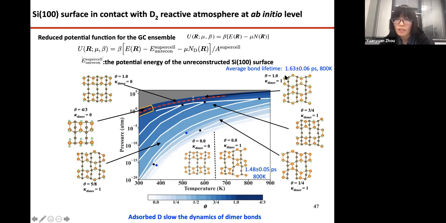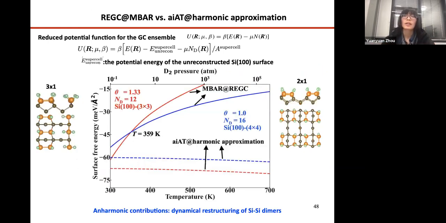We found the average silicon bond lifetime for the adsorbed phase is longer than the pristine surface. This means that adsorbed deuterium slows down the dynamics of silicon-silicon bonds and makes the silicon-silicon dimer bonds more stable.